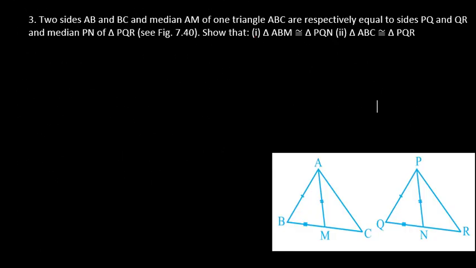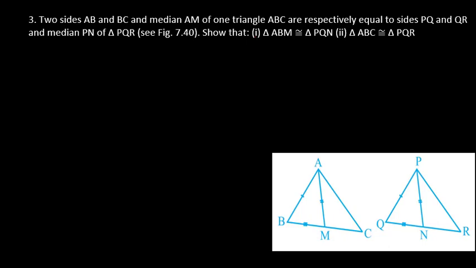Now next problem is: two sides AB and BC, and median AM of triangle ABC are respectively equal to the sides PQ and QR and median PN of triangle PQR.